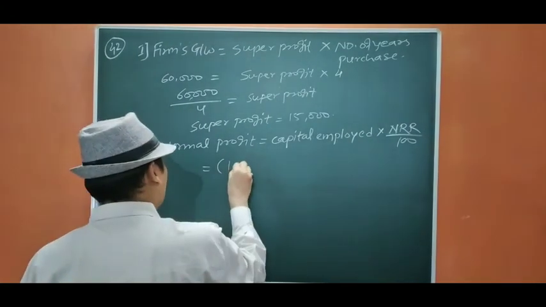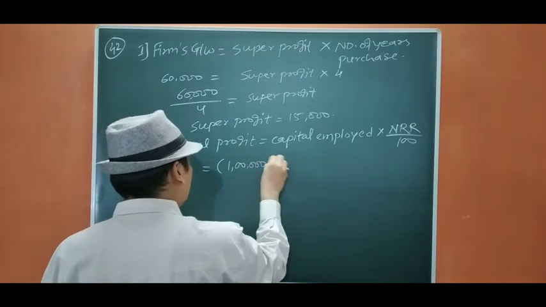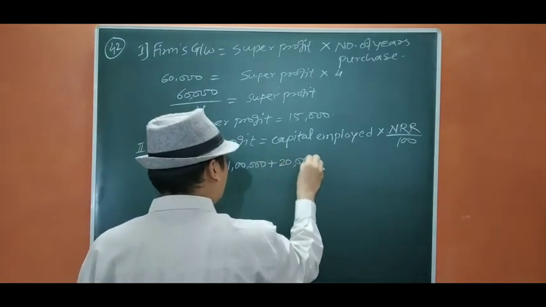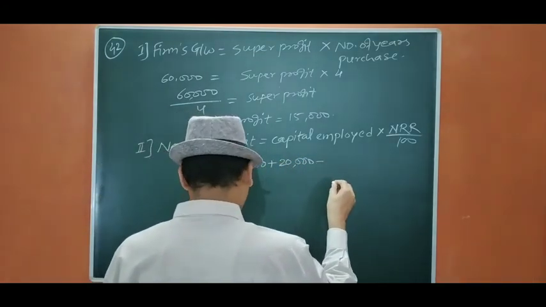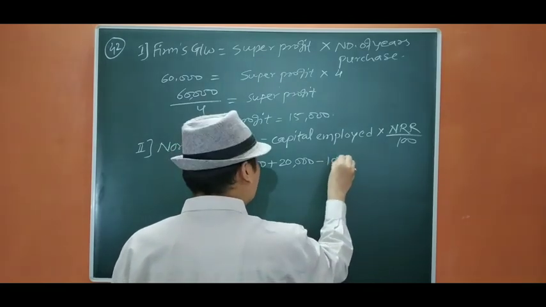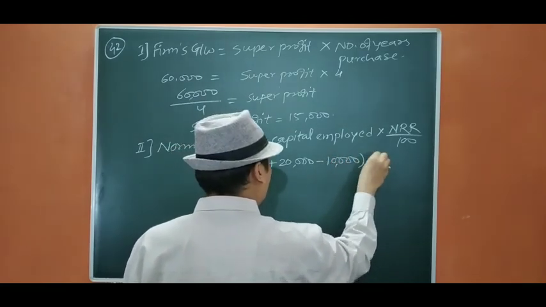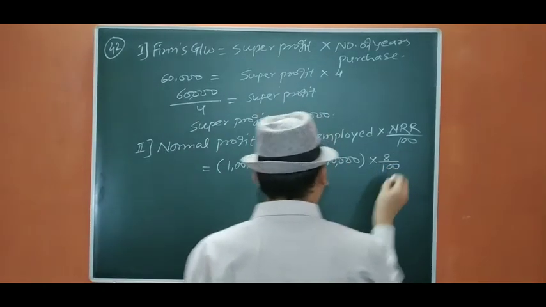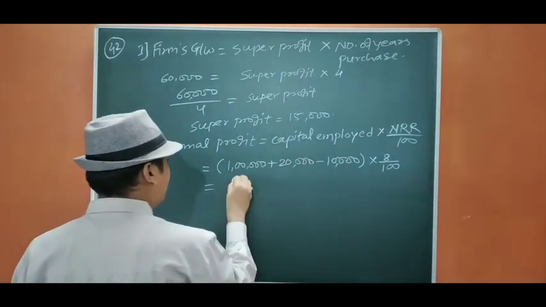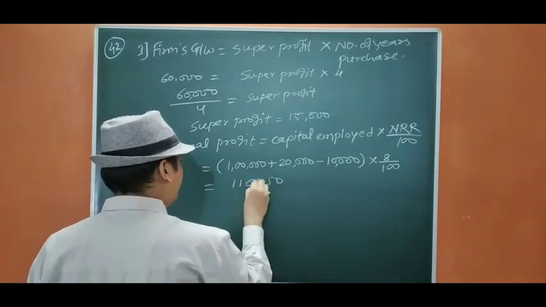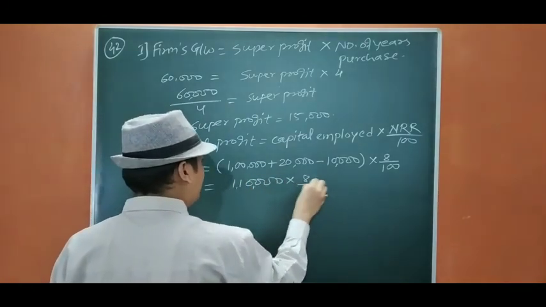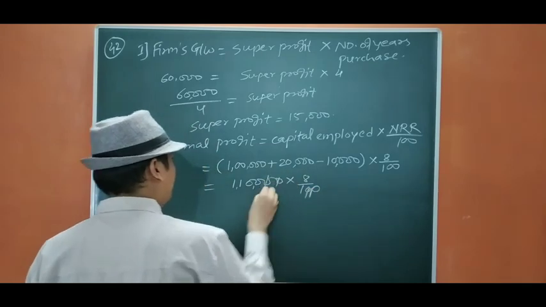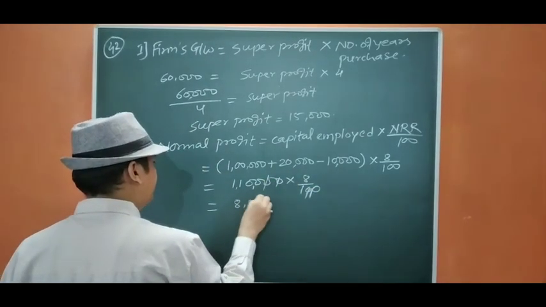The assets are given 1 lakh plus stock we have to include, and the external liability, that is current liability, 10,000 we are going to deduct, and the rate is given 8%. Okay, so it will be 110, 110 into 8%. So it will be 8,800.